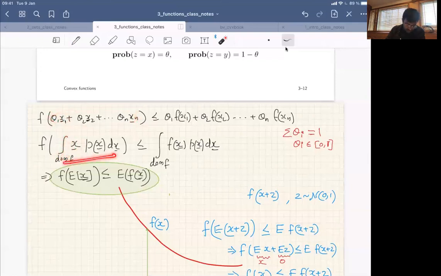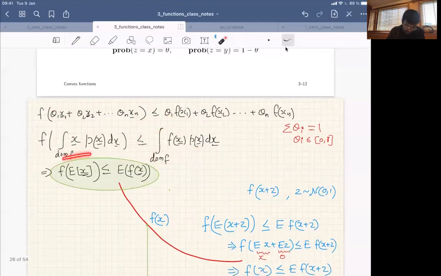So f of that guy is less than or equal to, here I take f of x, and instead of the weight, I have the distribution, and then integrate it over the domain of f. So I'm just extending this inequality to an infinite point case.